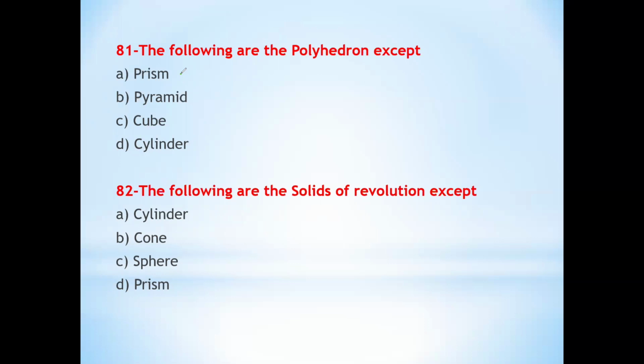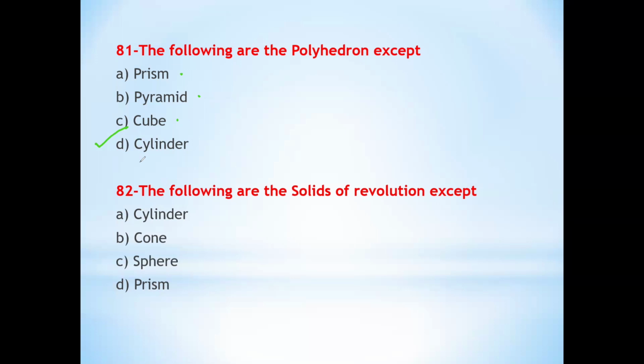Prism is a polyhedron, pyramid is also a polyhedron, cube is also a polyhedron. These are solids formed by faces, which may be triangular or rectangular, etc. So prism, pyramid, cube are polyhedrons. Cylinder is not a polyhedron. A, B, C are all polyhedrons. The cylinder is a solid of revolution. So the answer is D.